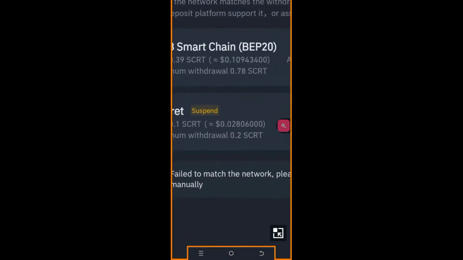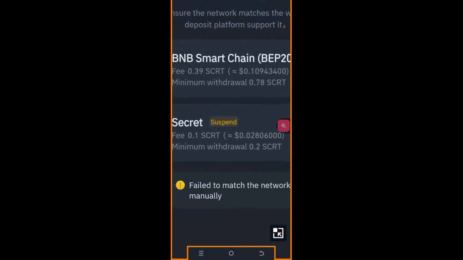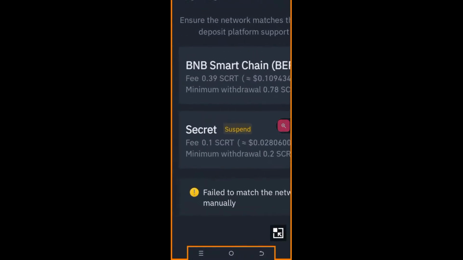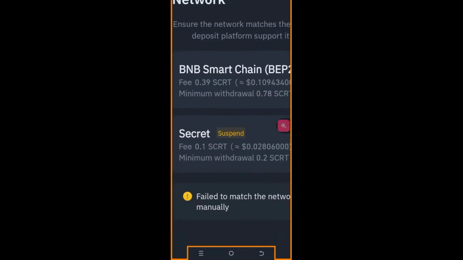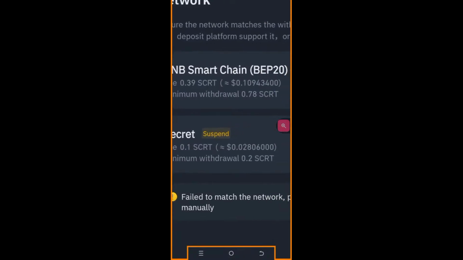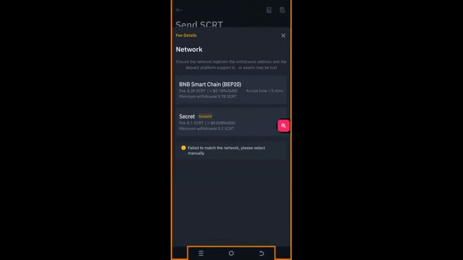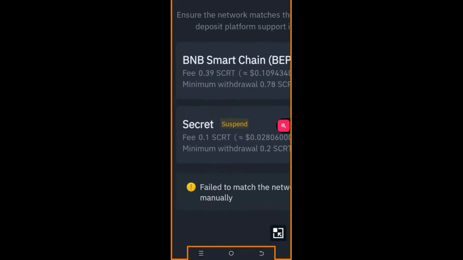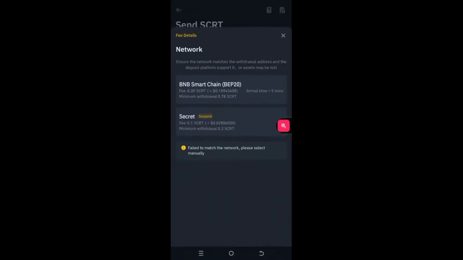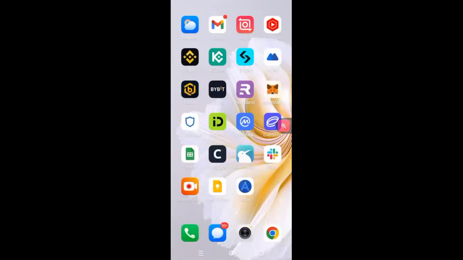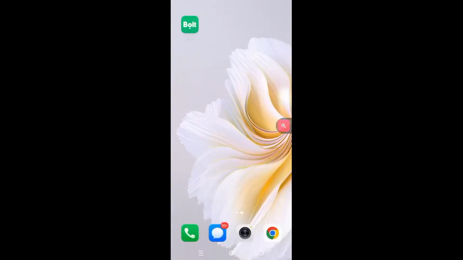And there's BEP20 network. Interesting. So the BEP20 network is just about 10 cents to send, right? But meanwhile, the Secret network is suspended. Okay, let's go and check. Let's see whether we can send this over to KuCoin. Okay, like I told you, it's a dependency upon a dependency.